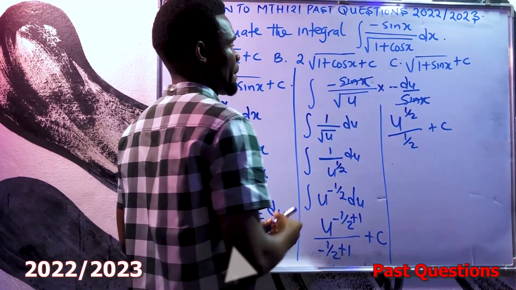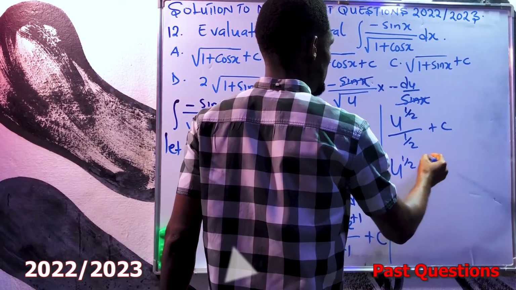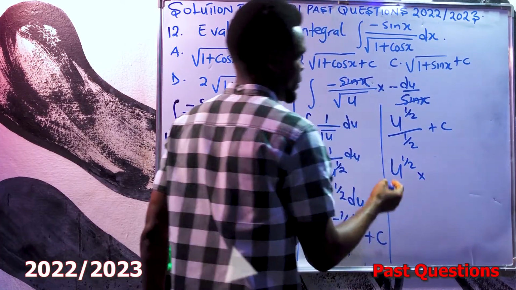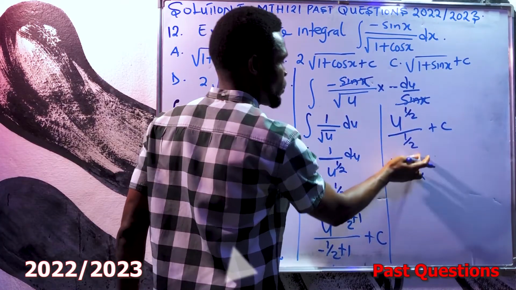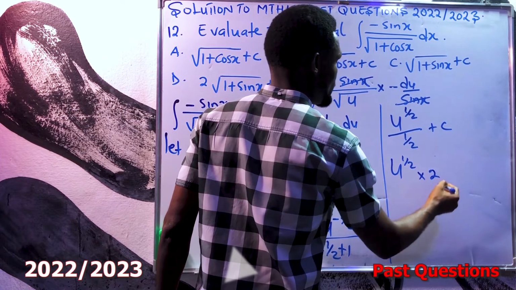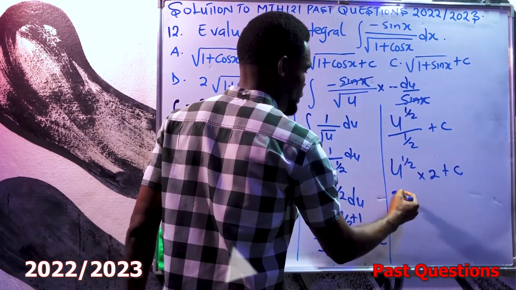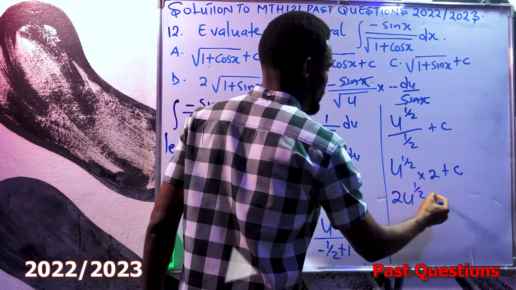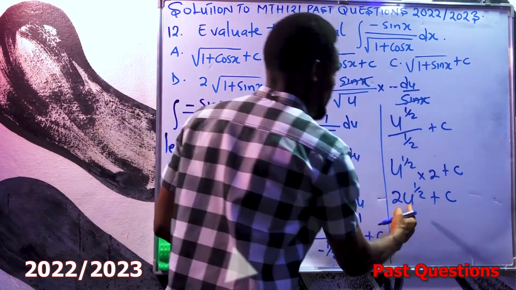Next, you clear this fraction here. So this is u raised to power 1 over 2 times, of course, this division will change to multiplication. Then 2 will go up, 1 will come down. So you have 2 over 1, which is simply 2, plus c. So this is 2 times u raised to power 1 over 2, which is 2u raised to power 1 over 2, plus c. Then, what is the value of u?